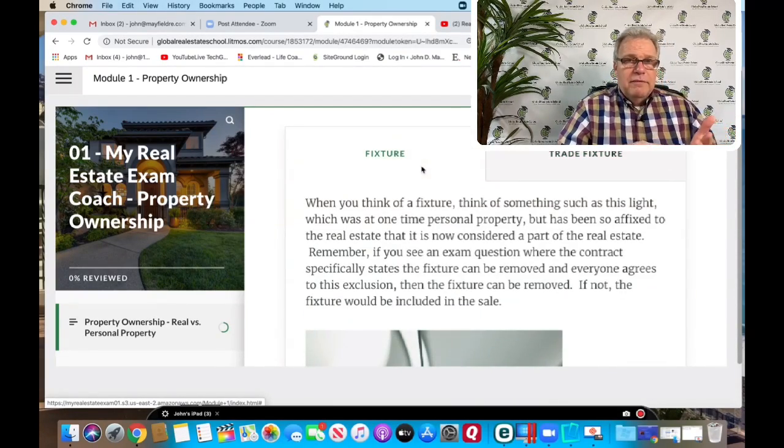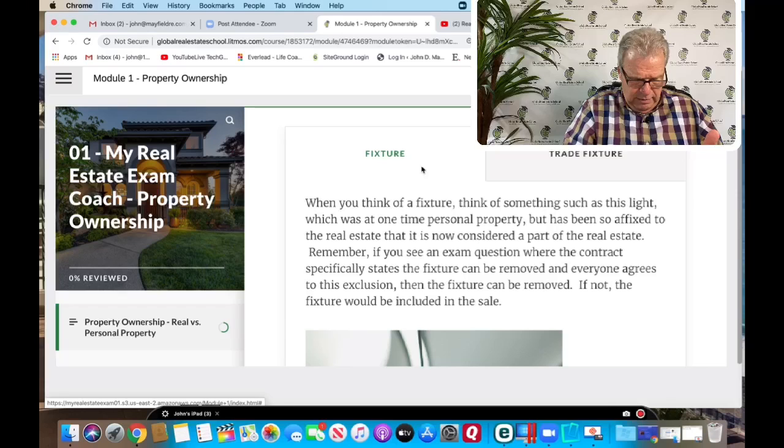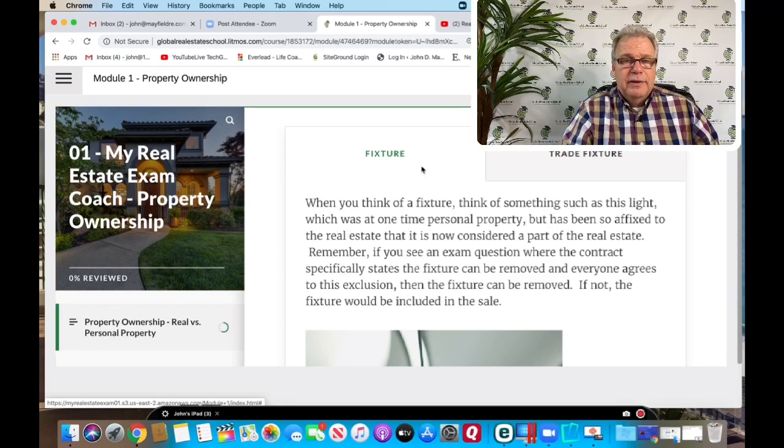Just remember that fixtures have been so attached to the property that now they've become part of the real estate. A good example is a built-in dishwasher or curtain rods, things that at one time were movable personal property, but now have been so attached that they've become part of the real estate. That is called a fixture.